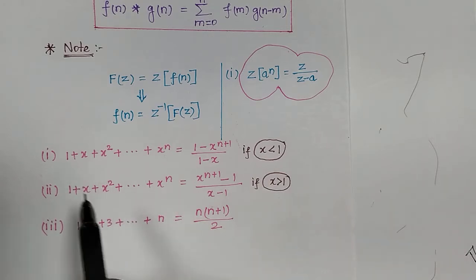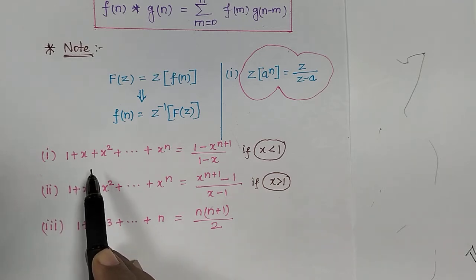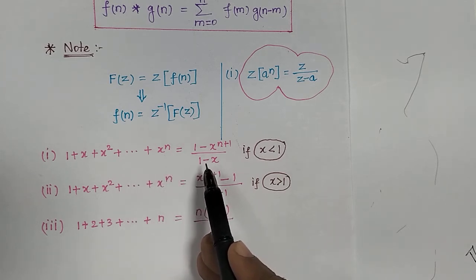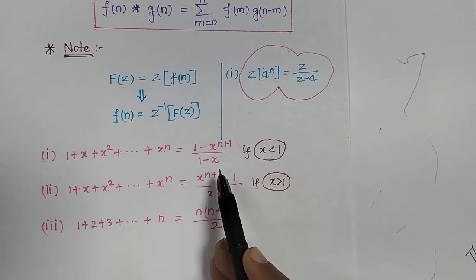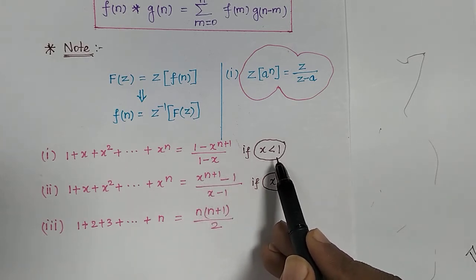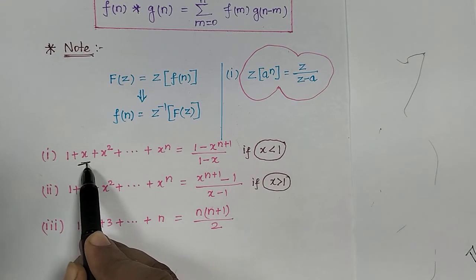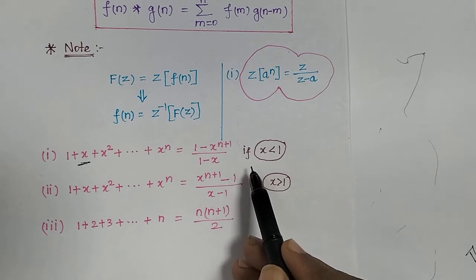These are geometric progression formulas, and the last one is the arithmetic progression formula for the nth term. The first: 1 plus x plus x square up to x power n is equal to 1 minus x power n plus 1 divided by 1 minus x, when x is less than 1. If x is less than 1, we apply 1 minus x power n plus 1 divided by 1 minus x.